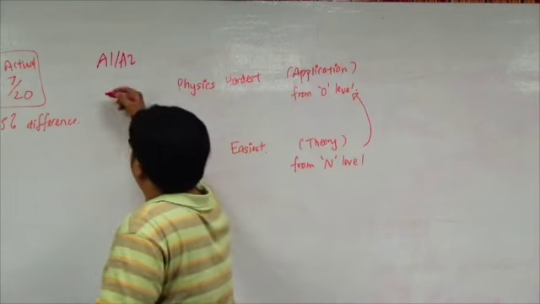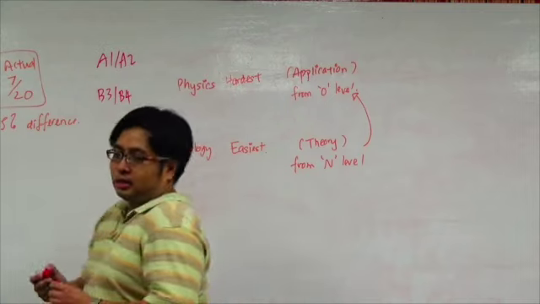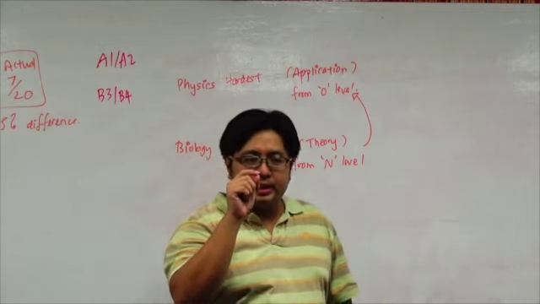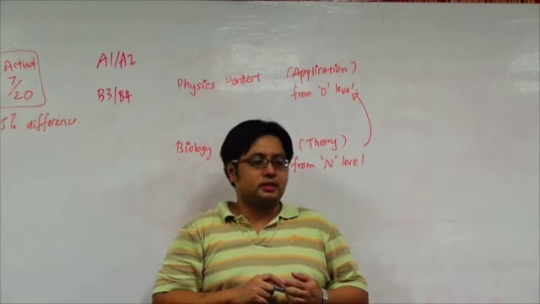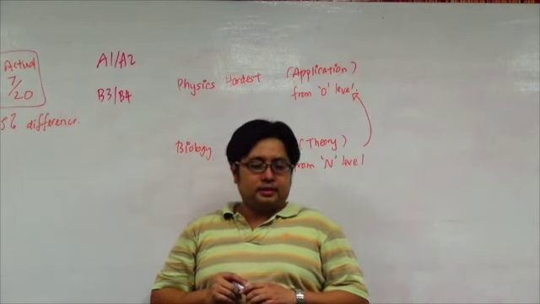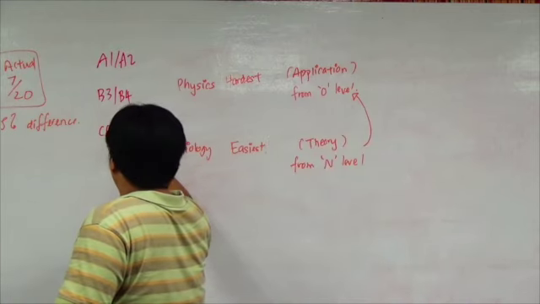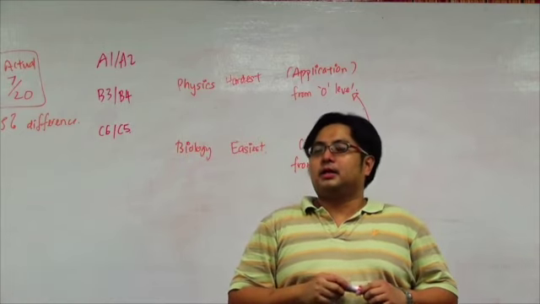Okay? If you get B3 and B4, you are good. It's just that perhaps you haven't really captured all the important keywords in explanations. Alright? And then if you get C5 or C6, then you have to go back and revise again.